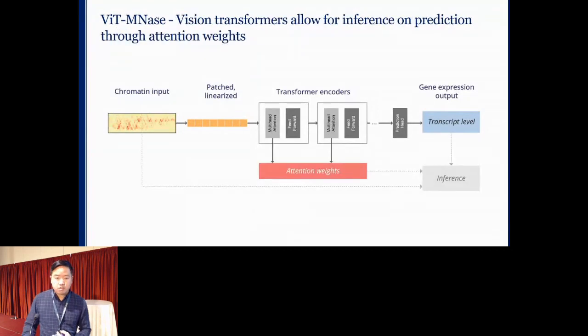Once we have that, we can roll up the attention weights from the transformer encoder. Given an input chromatin image, we can take the attentions that were turned on and roll them back up to determine what parts of the input chromatin were salient in the prediction for the transcript level.